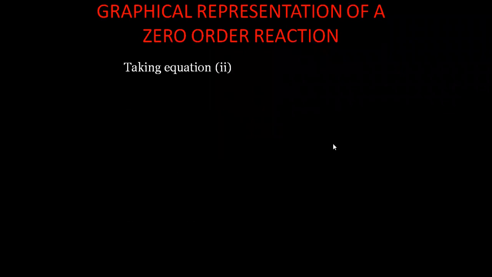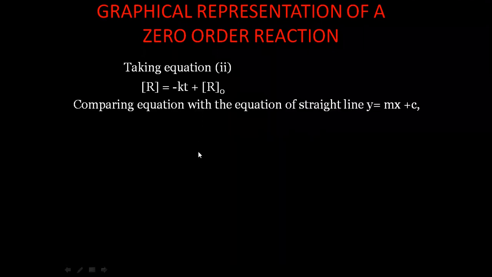Okay, so we will take equation 2. So what was equation 2? Equation 2 was this: R will be equal to minus KT plus R naught. Now, if I take this expression and compare it with the expression of the straight line y is equal to mx plus c, what will be y?